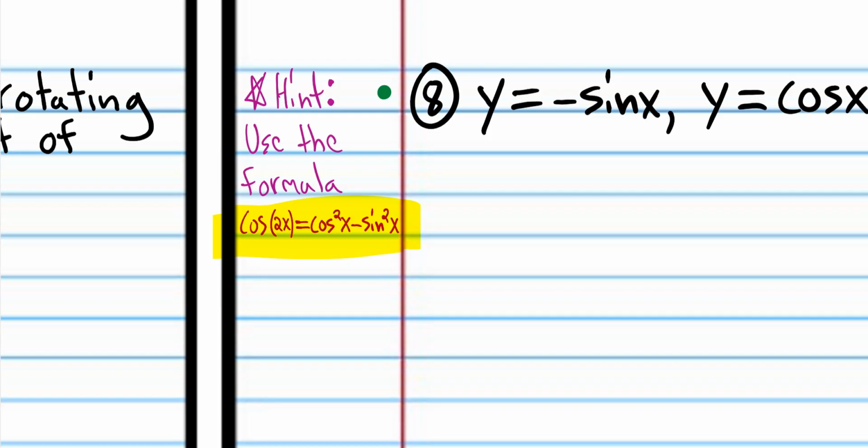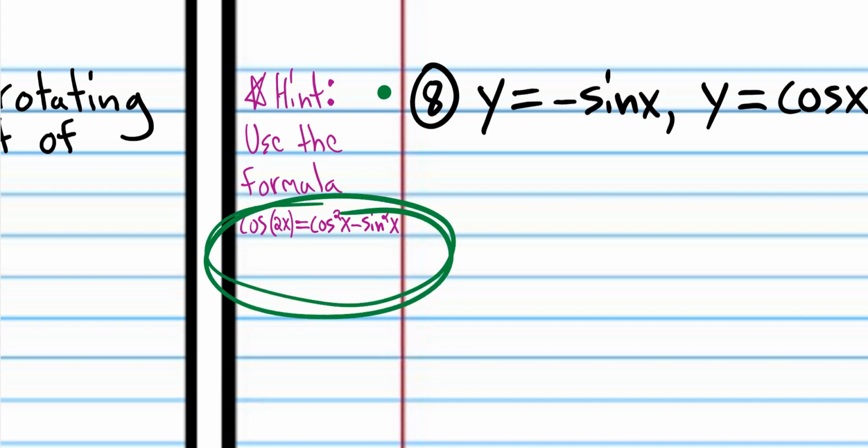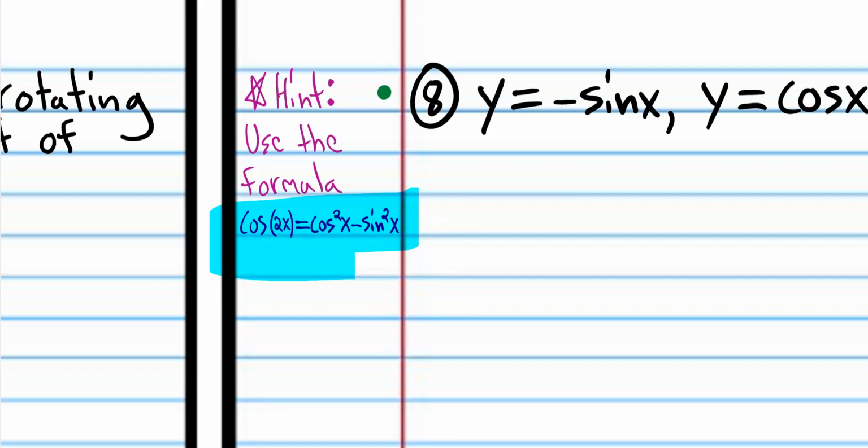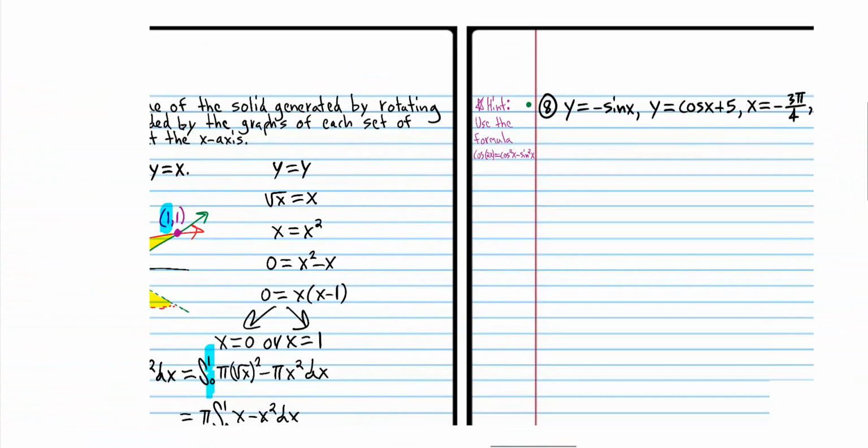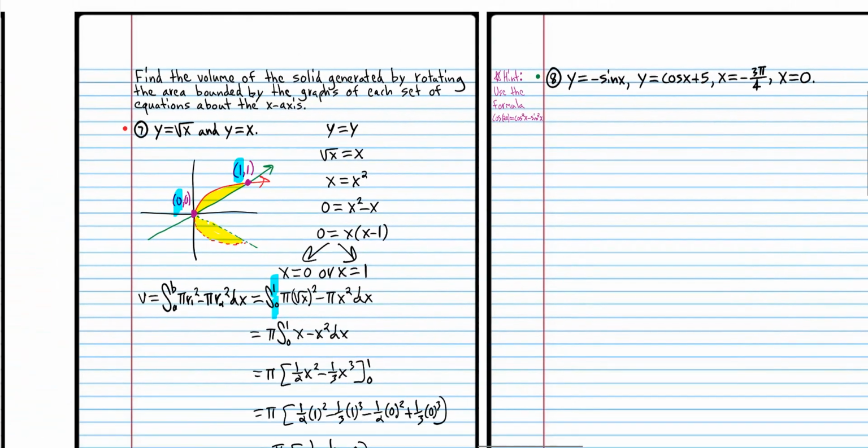You're going to have a cosine squared expression and a sine squared expression that appears in your integral, and you can combine those to get this cosine double angle. That'll make it easier for you to deal with the integral. You don't have to use that. You can use other formulas, but this formula is going to be the easiest to use. So please use this formula when you see cosine squared and sine squared subtracted from each other, because it's just going to make it a lot easier for you to do the integral.